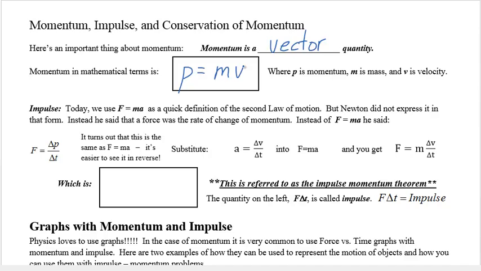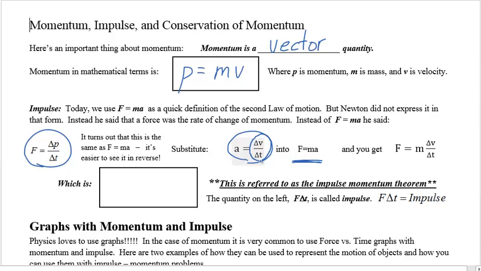Well, basically, here's that equation that Newton came up with, and we've rearranged it since then. We know that a equals the change in velocity over time, and we have Newton's second law, which we're currently using. If you substitute in change in v over t for acceleration, we get F equals m change in v over t.